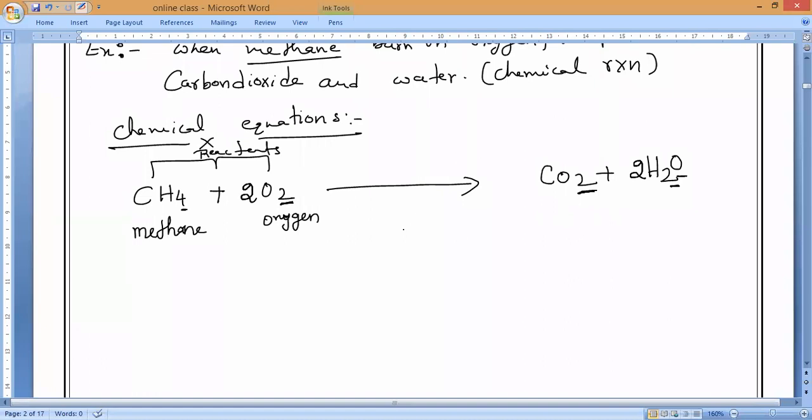Now I will tell you how to balance it. Before going to that, you must study this. So this is what we call a chemical equation. What is the advantage of this equation? You tell me, anybody. From this equation, what can we say?